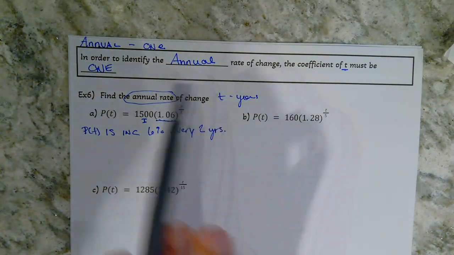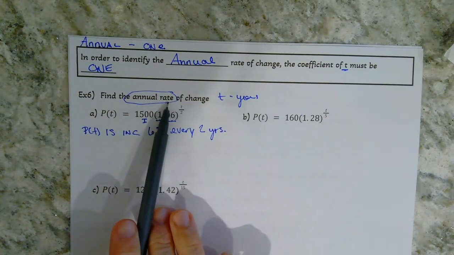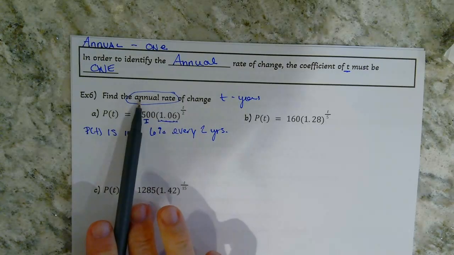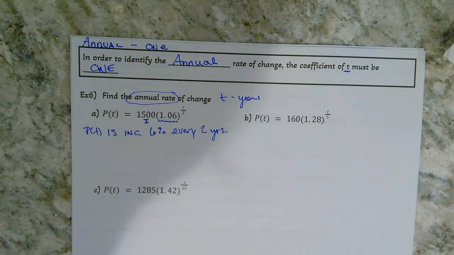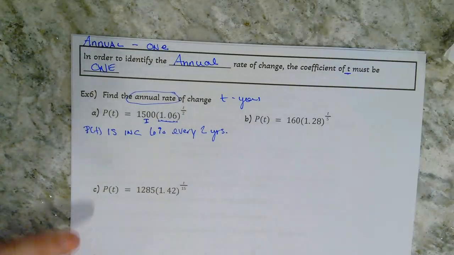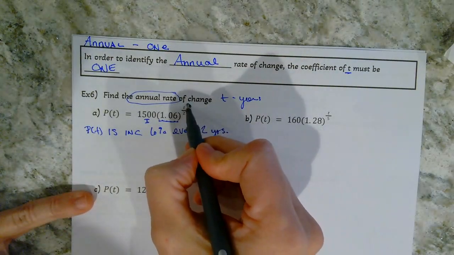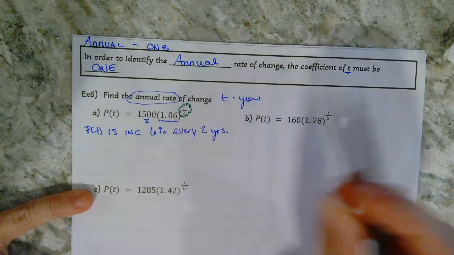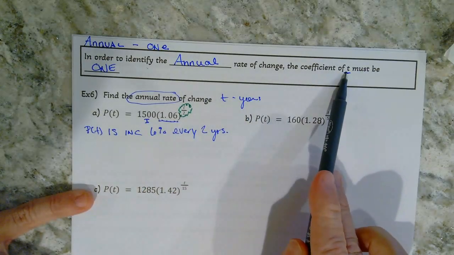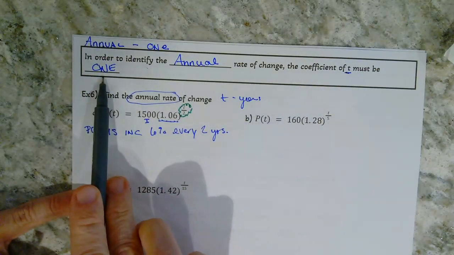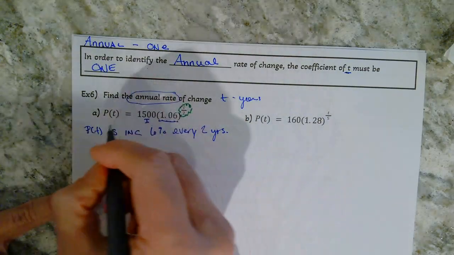Okay, now that's not the question. The question wants to know the annual percent. So again, annual means 1. How is it changing after 1 year? So we have to manipulate this equation. And here's the deal. I want you to kind of bubble in your exponent here. It says, in order to identify the annual rate of change, the coefficient of T must be 1. Okay, I want to rewrite this.